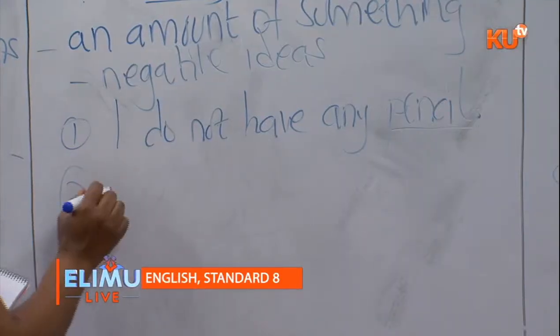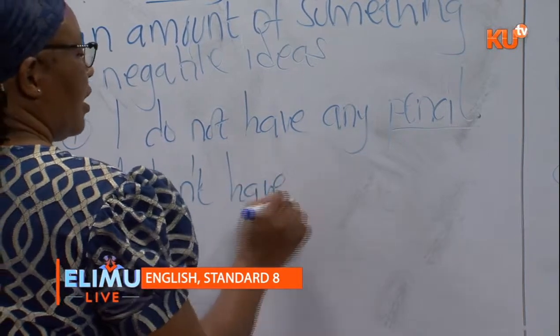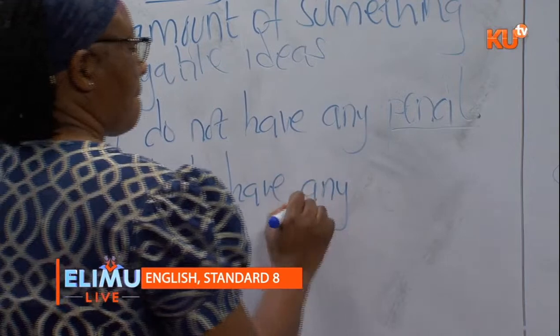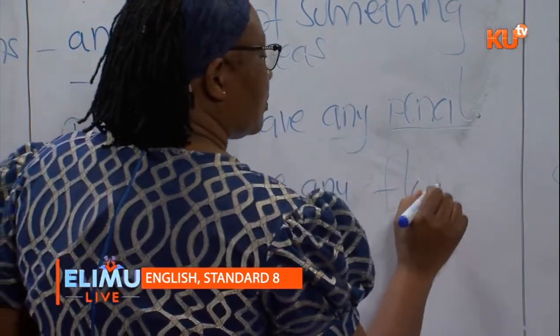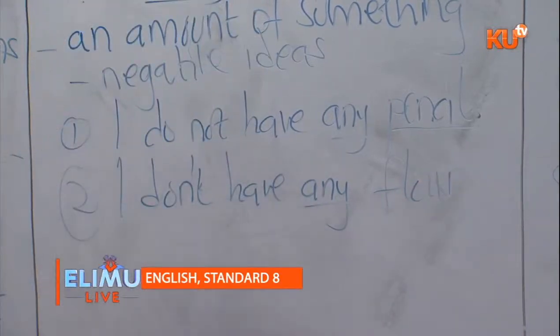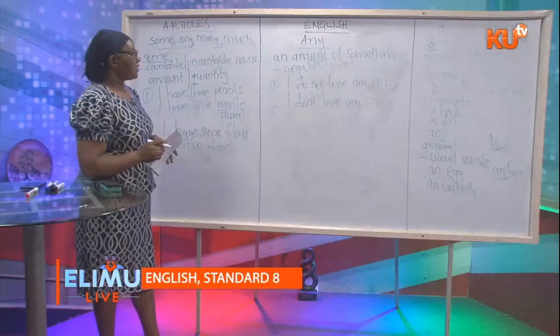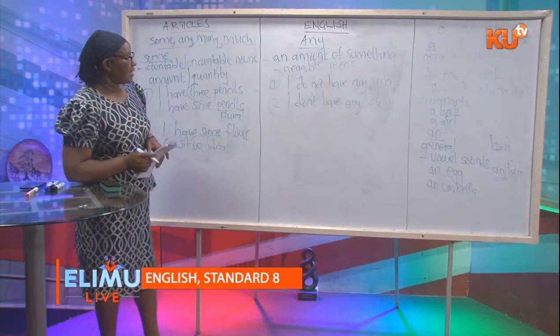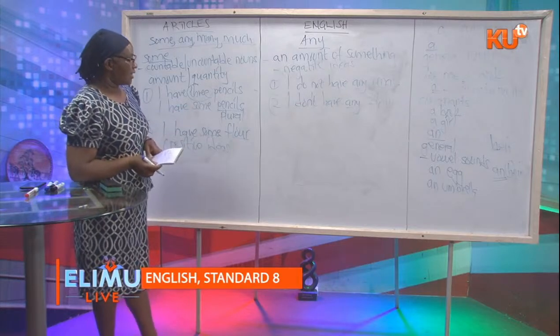We can also say I don't have any flour. So you find that the word any is used with negative ideas, while the word some is used with positive ideas.